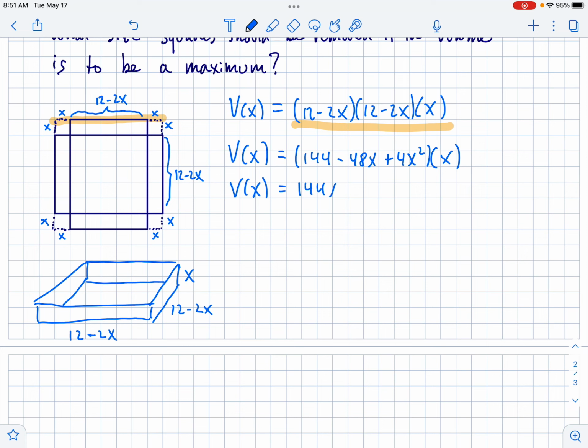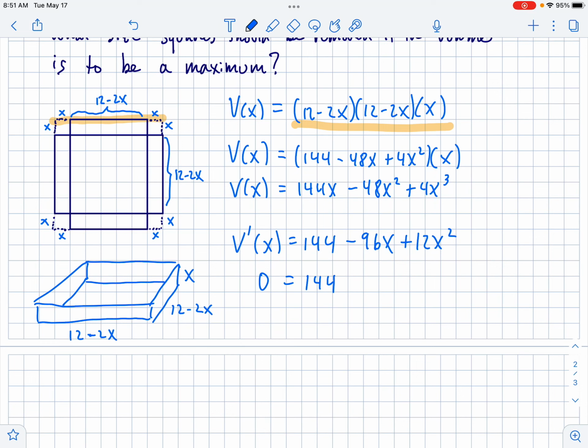So then you have to multiply everything by x, and you get 144x minus 48x squared plus 4x cubed. Then we can take the derivative of that model and say V prime of x is equal to 144 minus 96x plus 12x squared.